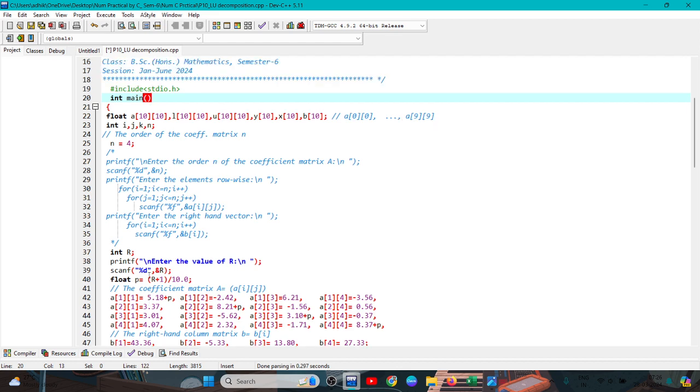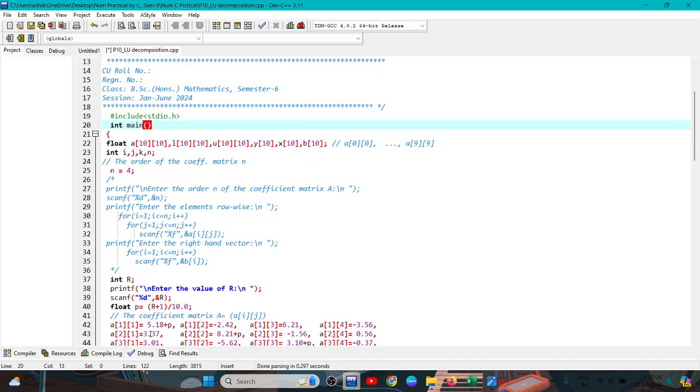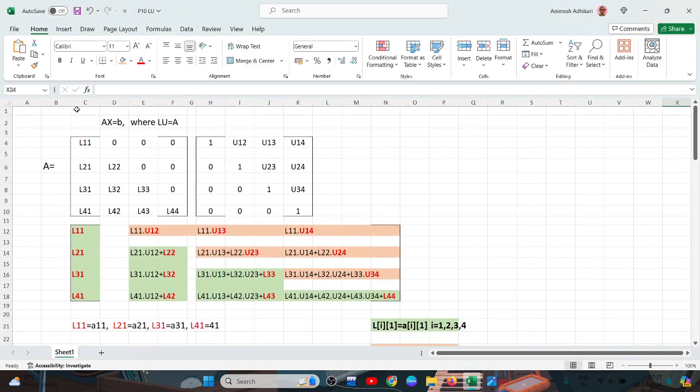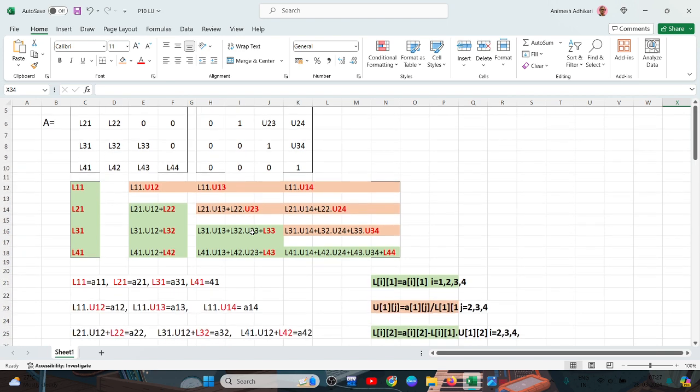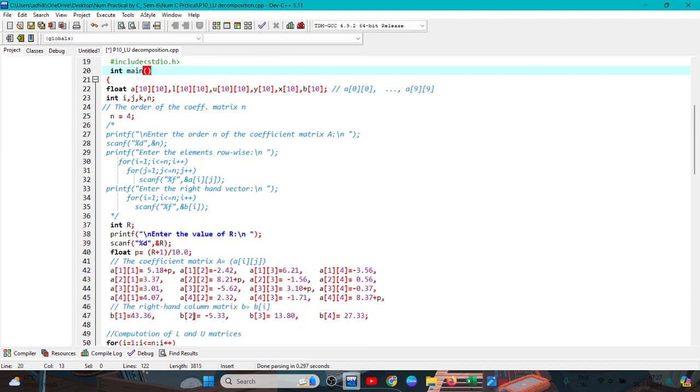Actually here you can write a00, but for similarity to our theory, we use here l11, actually a11. So we make some modifications here: in place of a00 we write a11, we start from a11. You can also write a00.